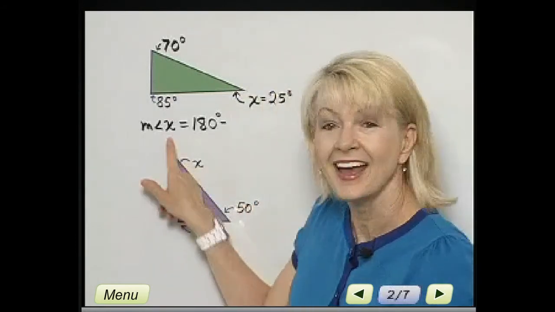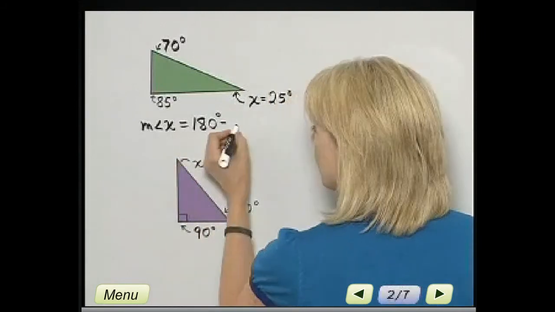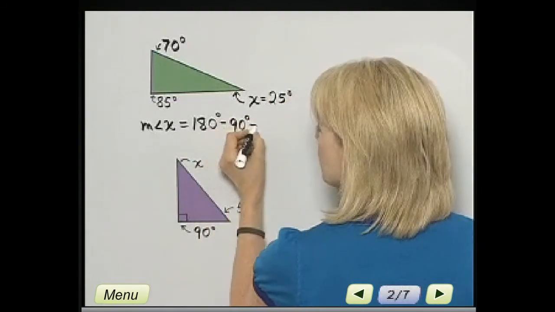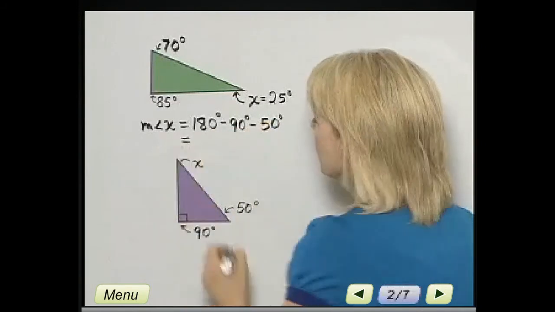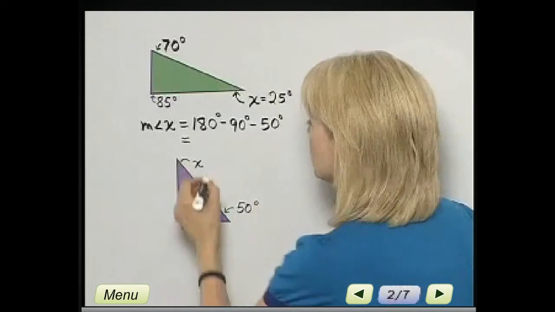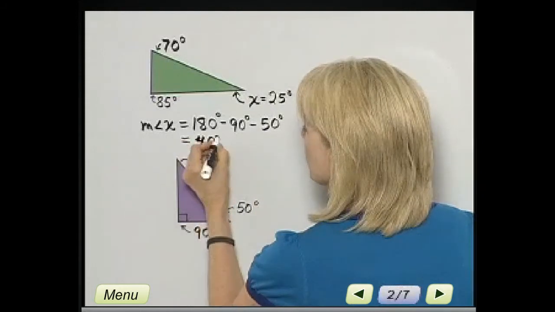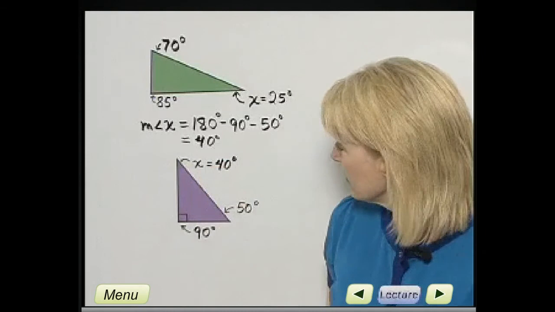So for this angle x, the measure is 180 degrees minus 90 degrees minus 50 degrees. And let's see, 180 minus 90, that's 90. 90 minus 50, that is 40 degrees. So this is 40 degrees.